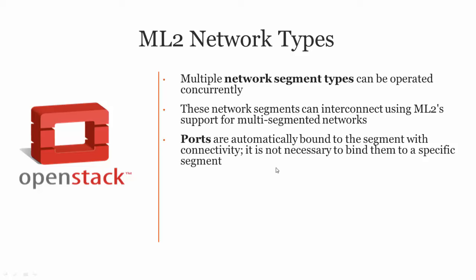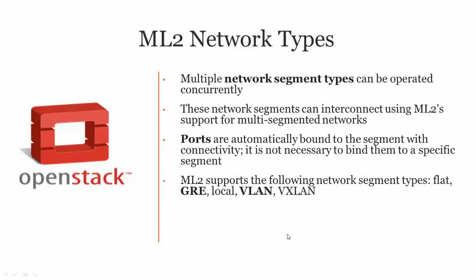For this network type, we can use segment types, and the ports are automatically bound to the segment with connectivity. A segment normally will be a virtual network, and if a virtual machine receives this virtual network, the virtual machine's network interface needs to be bound to the port.